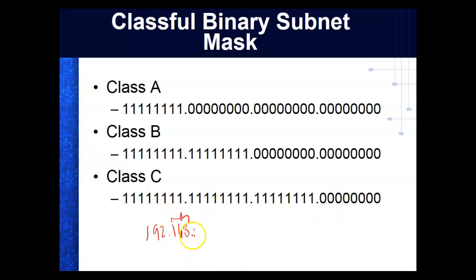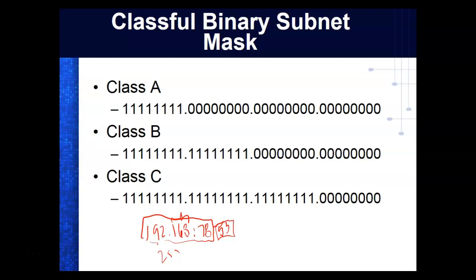So with a Class C, when you see 255.255.255, let's say 78.53, it's real easy to see. The 255s tell us that this is the network ID, and 53 would be the address of the node within that subnet. So with classful, it's real easy to see the break.